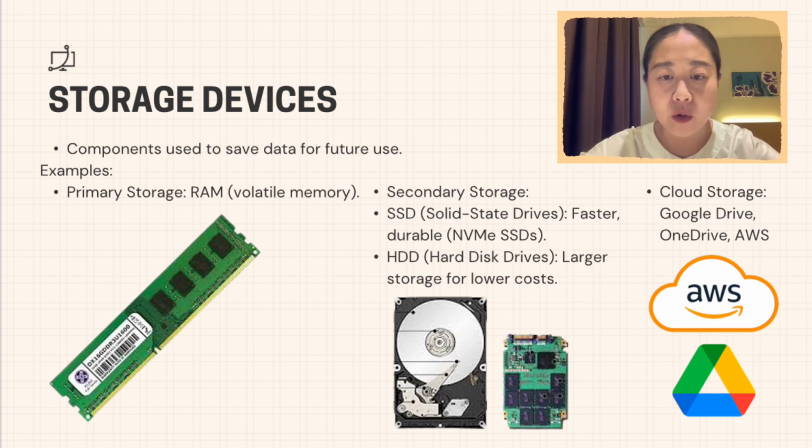The secondary storage includes devices such as hard disk drives, HDDs, solid-state drives, SSDs, optical disks, and USB flash drives, which are used for long-term data storage, with the latter providing non-volatile storage that retains data even when the power is turned off. Besides, we also have cloud storage, such as Google Drive, OneDrive, and so on.